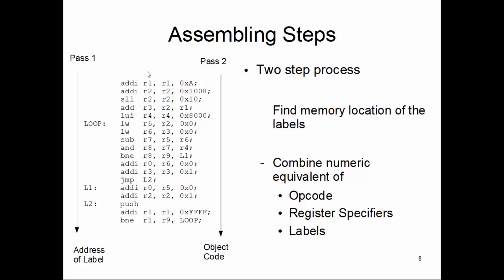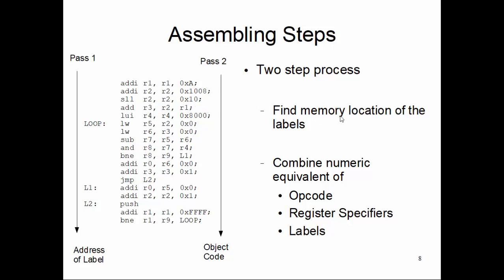From what we have learned so far, we have some labels like loop, L1 and L2 here, and a bunch of instructions with these mnemonics followed by the arguments, etc. So assembling this code to generate an object code is a two-step process.